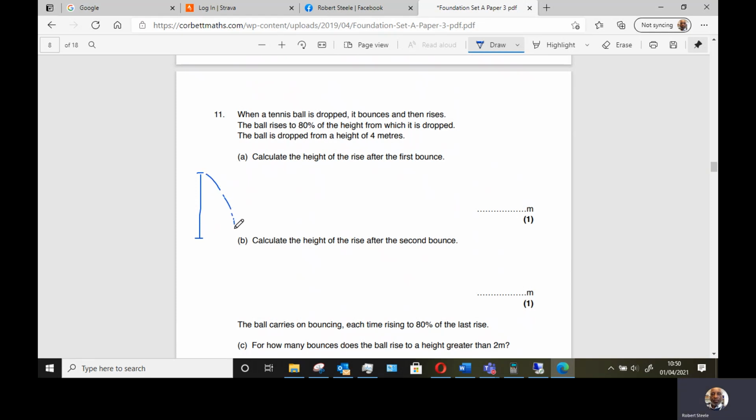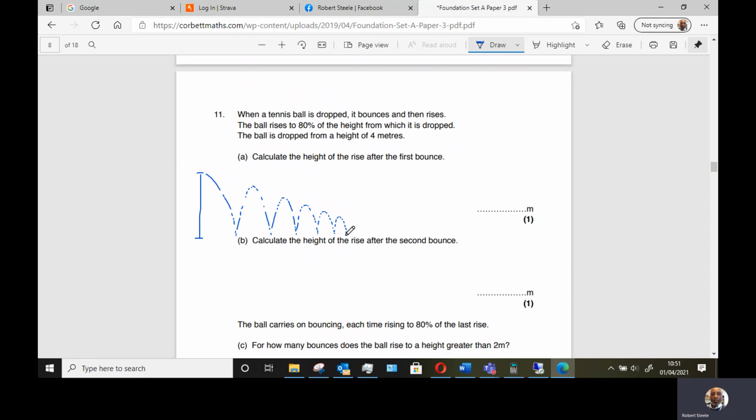You drop your ball, it comes back up, but only to 80%. It comes back down, it comes back up, but to only 80% of the previous level. We get this sort of a pattern where each peak is 80% of the previous peak.